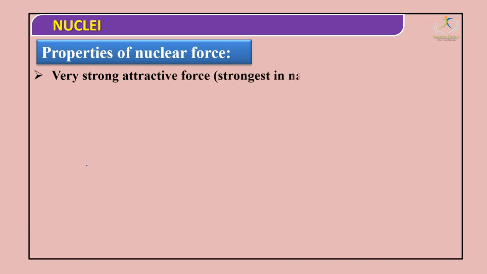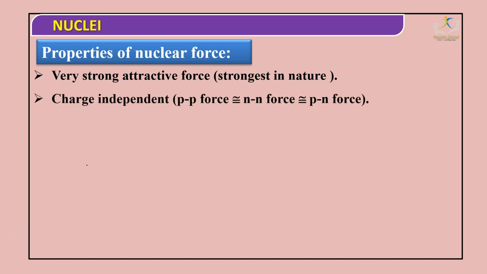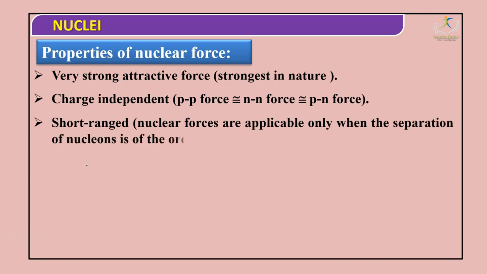Properties of nuclear forces. They are very strong, which is why we say they are the strongest force in nature. Charge independent: they do not depend on charges, whether proton-proton, neutron-neutron or proton-neutron forces. Short range: nuclear forces are applicable only at separations of the order of 10 to the power minus 15 meter, which we call a femtometer.